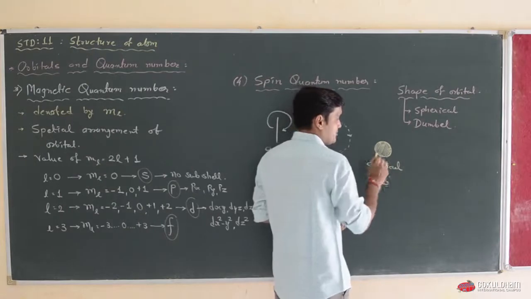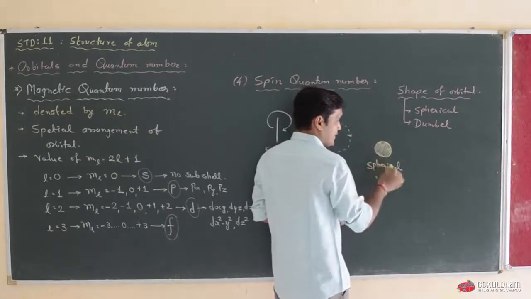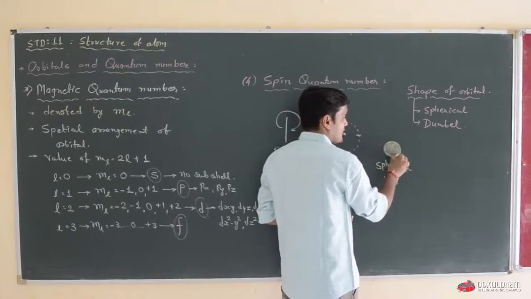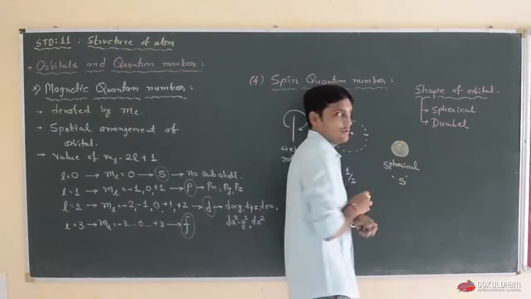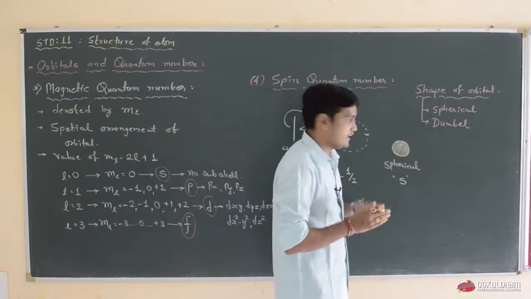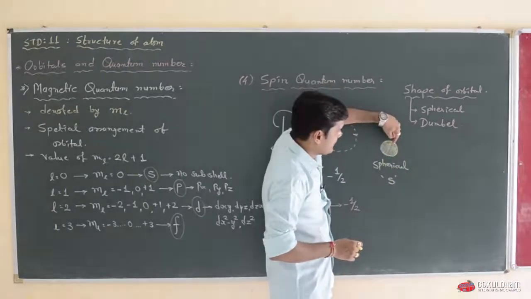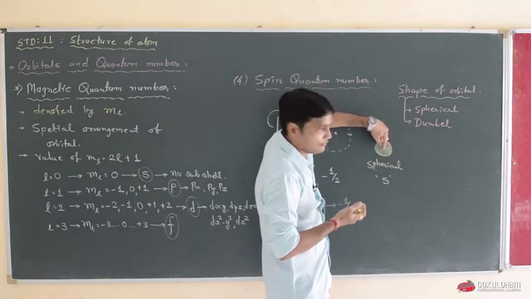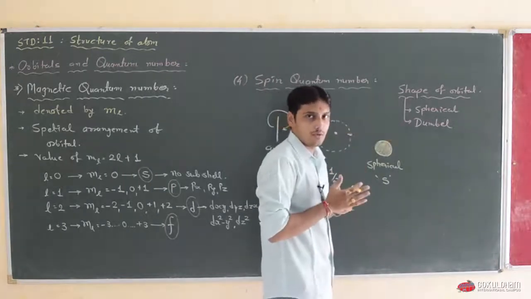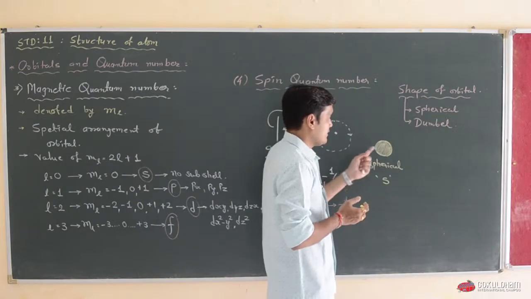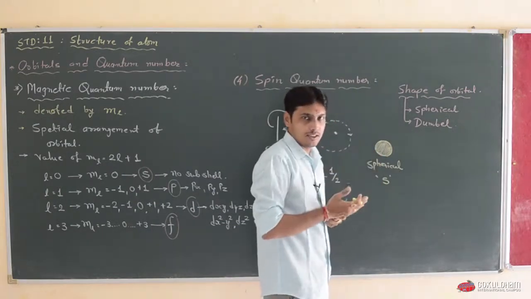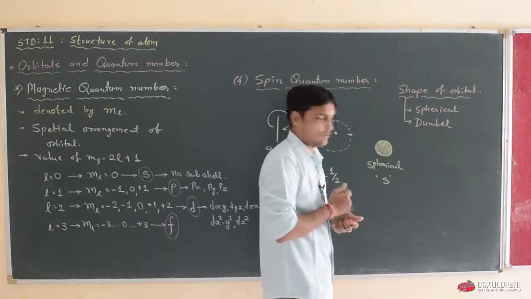In spherical shape, the possibility to find the electron is uniformly distributed in all directions in the same quantity. So we can say that in the S orbital there is a maximum possibility to find the electron.